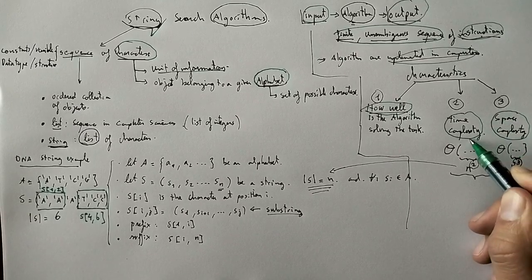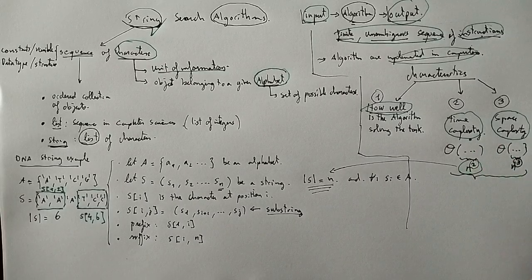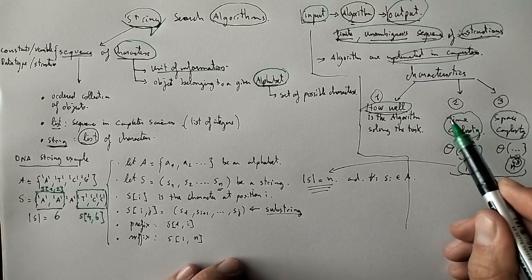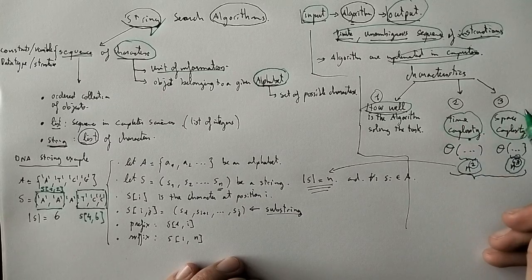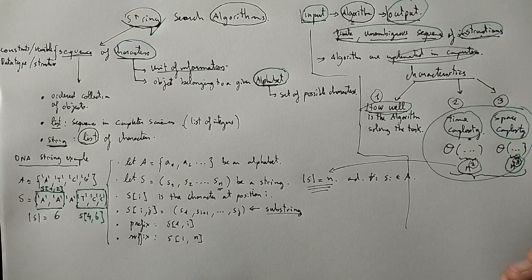So how much time is the algorithm going to take with respect to some important variables, and how much memory the algorithm will need to run with respect, again, to some important variables. If we want to understand in a deeper way what time complexity and space complexity are in computer sciences, check out the corresponding video.